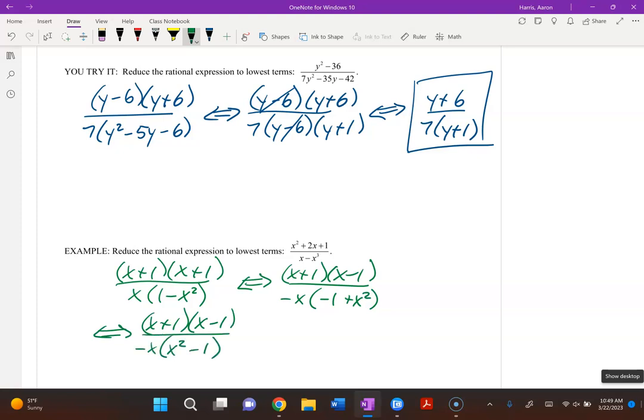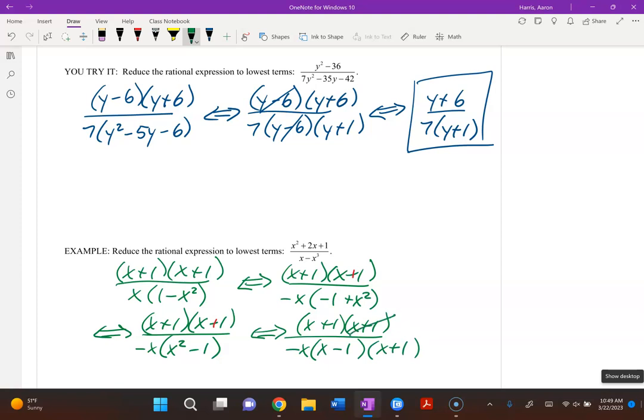So then I have x squared minus 1, which is difference of squares. Oops, I changed this. I'm sorry, guys. That's supposed to be x plus 1, x plus 1. Difference of squares, x squared minus 1. That factors into x minus 1, x plus 1.